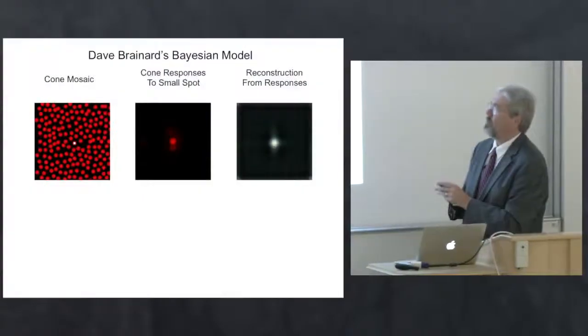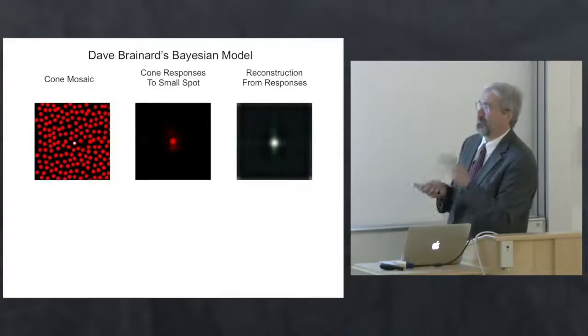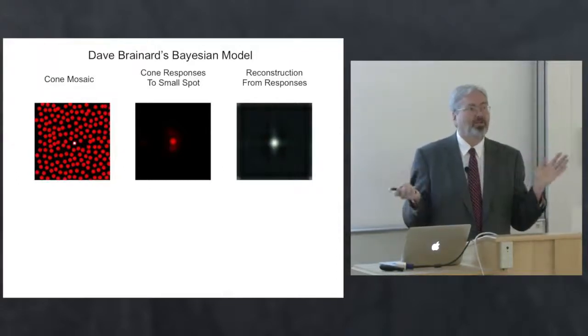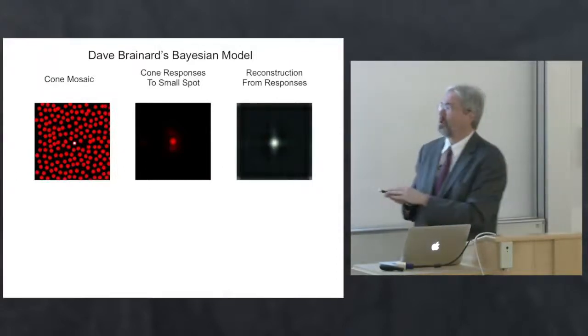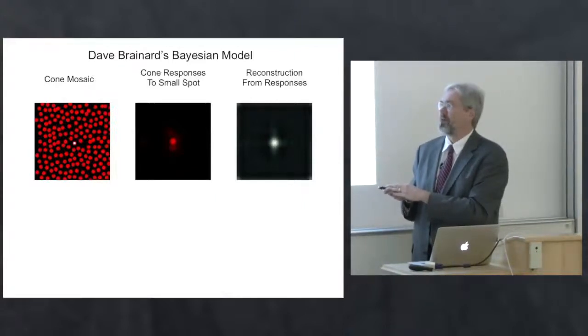However, if we were to surround that same cone with a sea of M cones, now if you stimulate that single L cone, the brain knows, if you will, that the M cones in the vicinity are saying, I don't see anything. Now, what kind of stimulus out there in the world would produce a really strong L cone response with little or no M cone response around it?